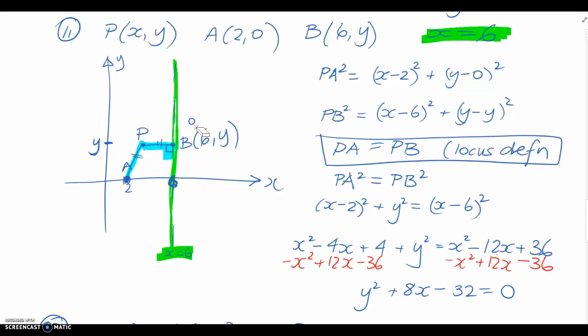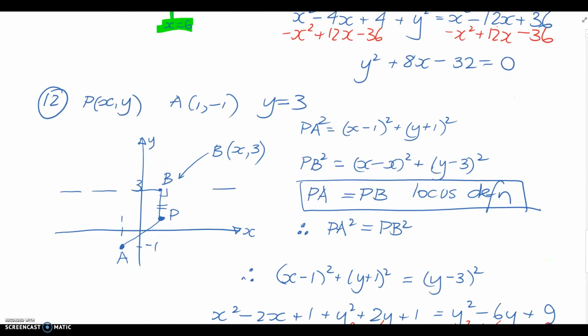Okay, so let's just put those into my formulas for distance, set them equal. Remembering though that I'm using the PA squared equals PB squared form, which is quite legitimate because we know that PA equals PB, so PA squared is also going to be PB squared. Expand out the brackets, tidy up, and away you go.